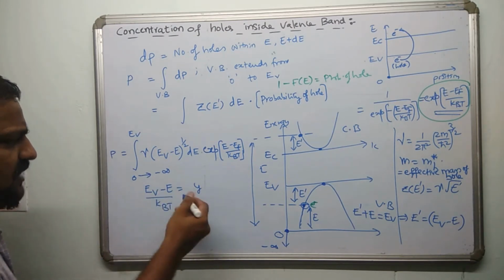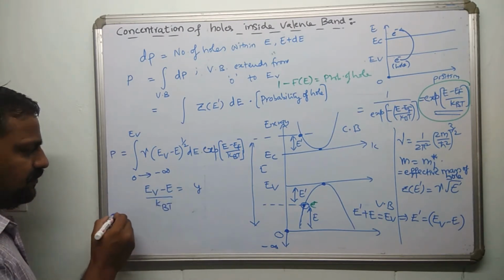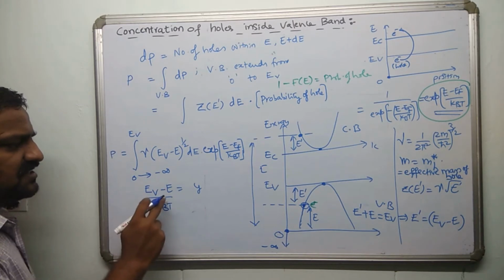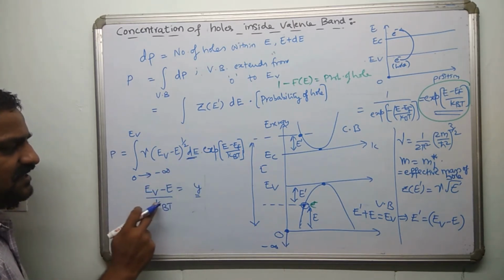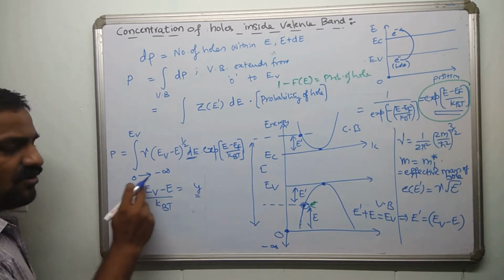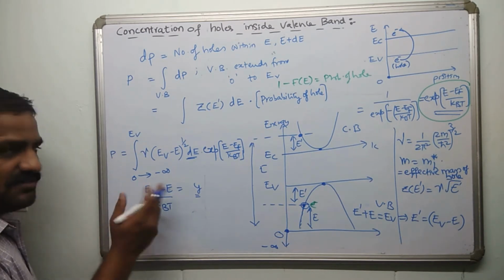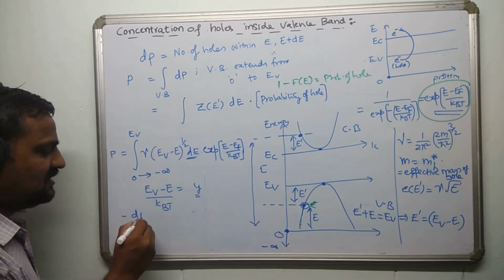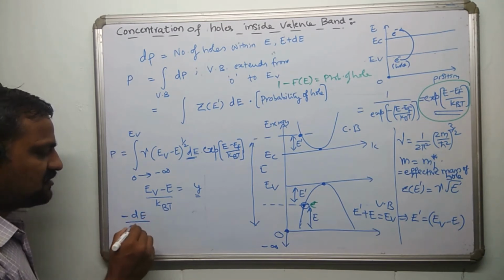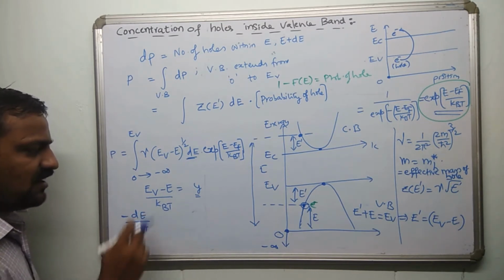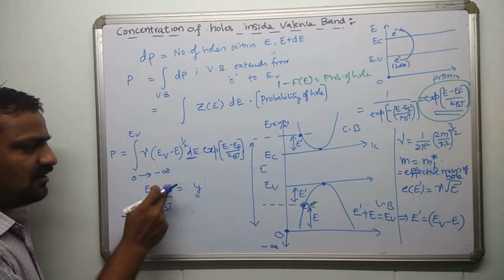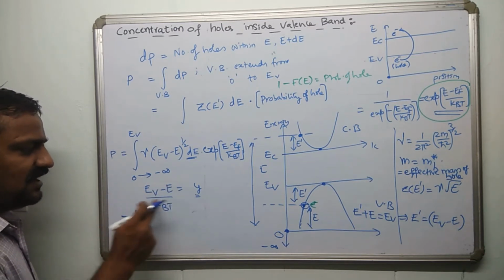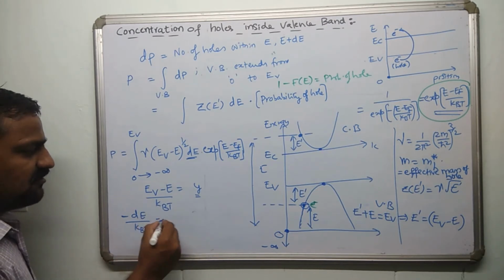Now let me substitute, as I'm changing a variable. So I have to differentiate here, as the variable here is E and this is y. Let me differentiate this. EV is a constant with respect to differentiation, so EV dies out and it is minus dE, and kBT is a constant. This is equivalent to dy on the other side.